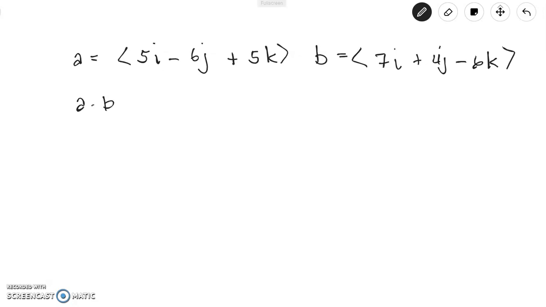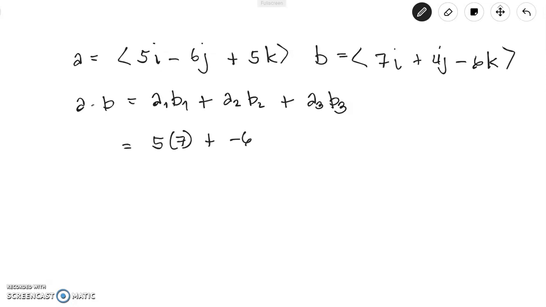The dot product of vectors A and B is equal to A sub 1 B sub 1 plus A sub 2 B sub 2 plus A sub 3 times B sub 3. So we'll have 5 times 7 plus negative 6 times positive 4, plus 5 times negative 6.